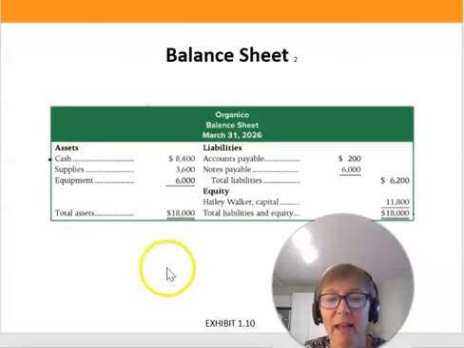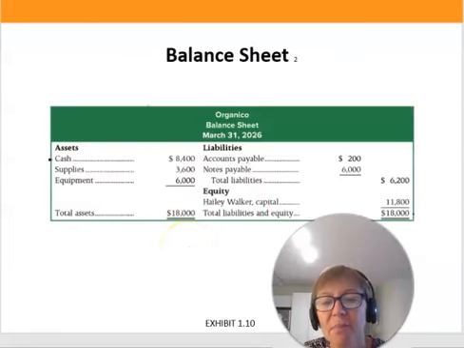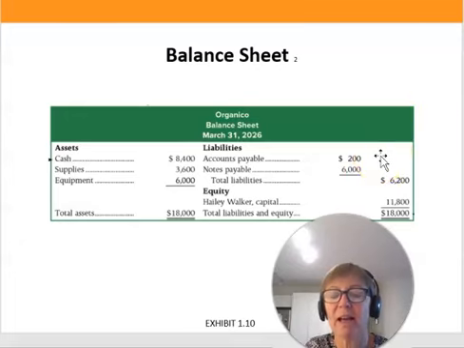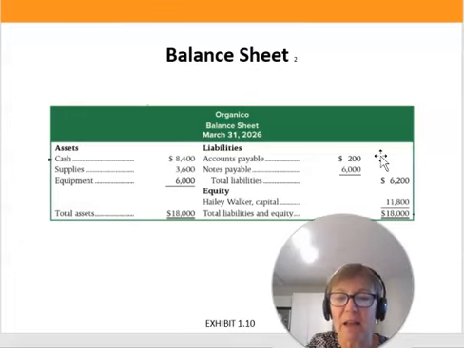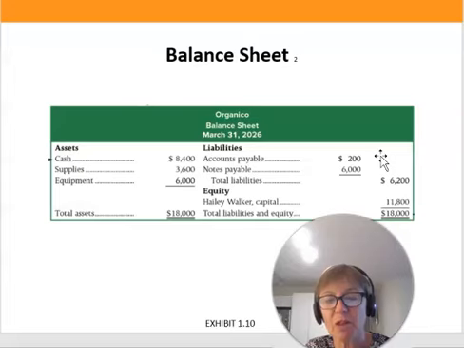So for example, again, you come back here, accounts payable, that would be somebody sold us something and we haven't paid them for it yet. So again, it's a liability. We owe that money. Maybe we bought something for our computer. Maybe it was a printer. Okay, so that's our asset, and we're liable to pay the $200 because we still owe them that money.